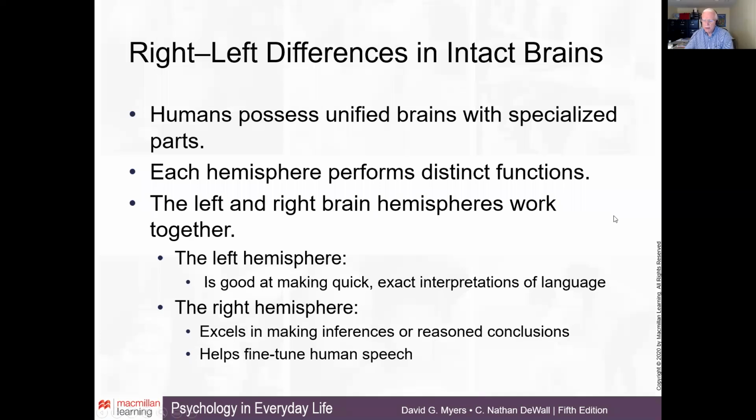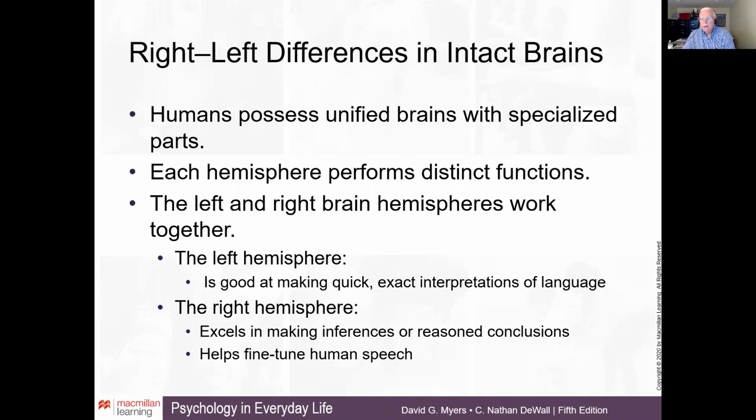In thinking about the two halves or hemispheres of the brain and how they communicate with one another by way of the corpus callosum, we might also consider some differences in functioning of the left and right hemispheres. As you can see, each hemisphere performs distinct functions.